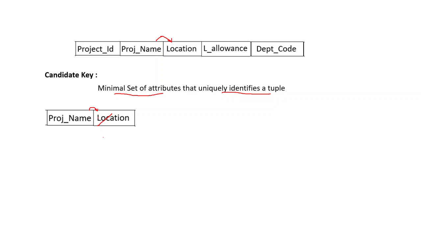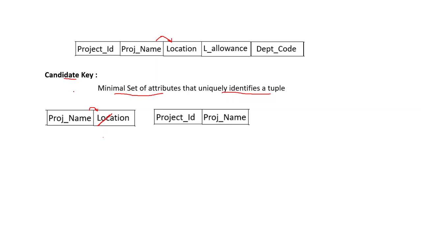And also names are very common, right? So two projects might have the same name. So if you remove an attribute from a candidate key, the remaining attribute will not be able to uniquely identify the tuple. So a candidate key does not contain any extraneous attributes.